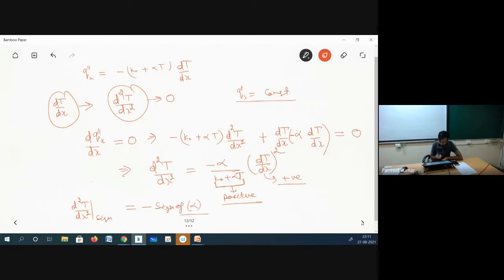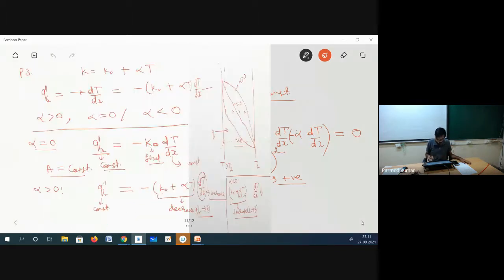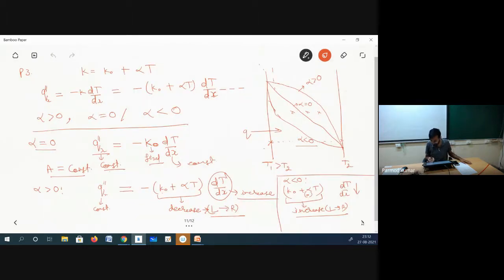Now when alpha is 0, d square T by dx square will be 0. That is only possible if dT by dx is constant. So to have dT by dx constant, we have this profile, alpha equal to 0, a straight line.